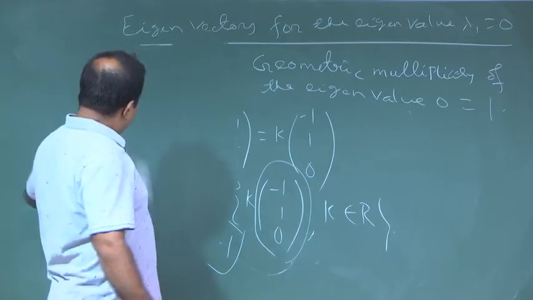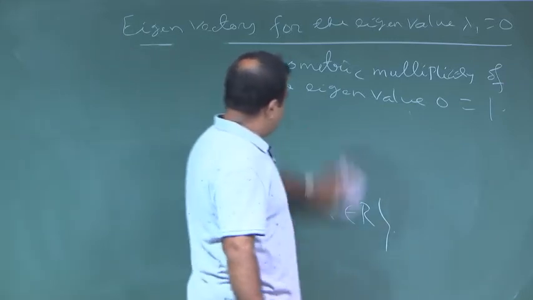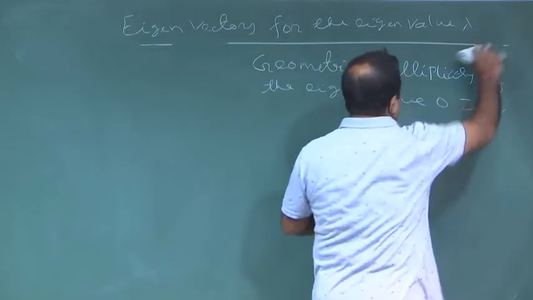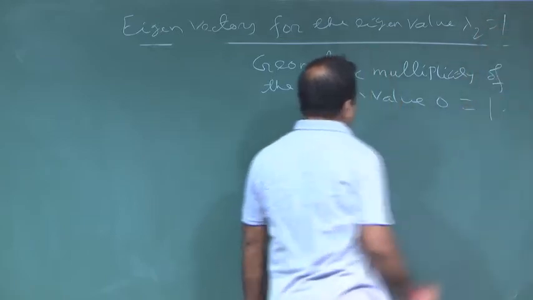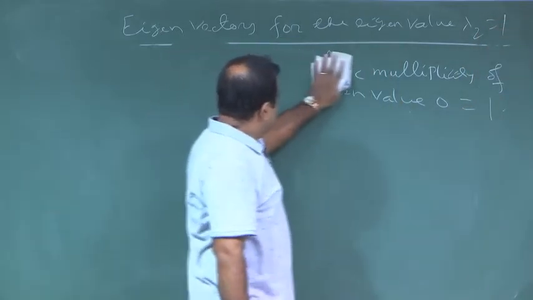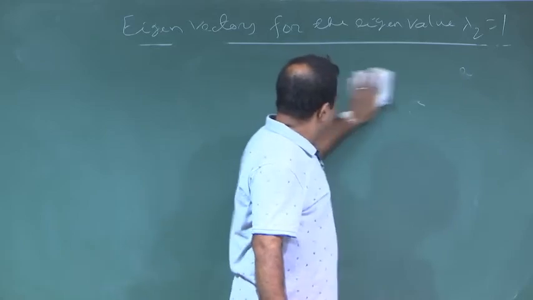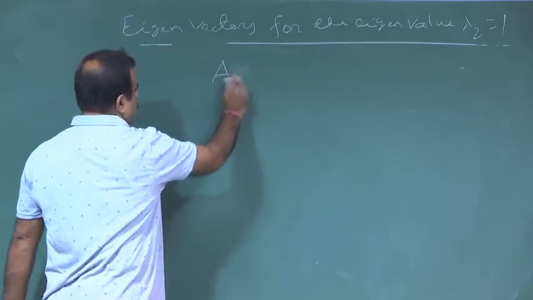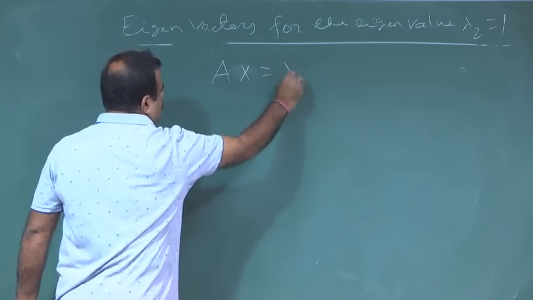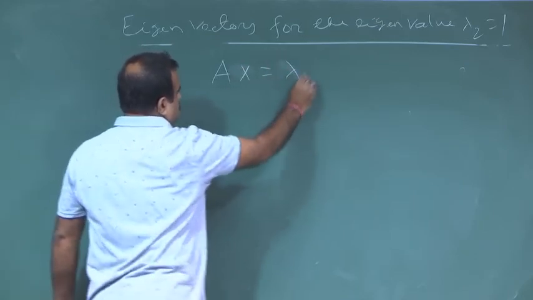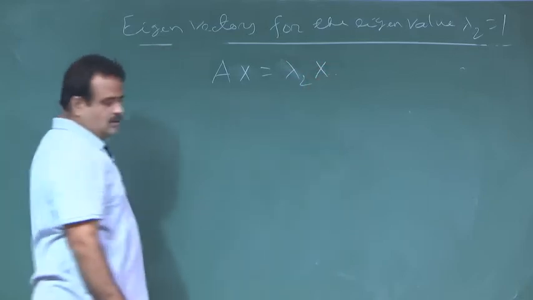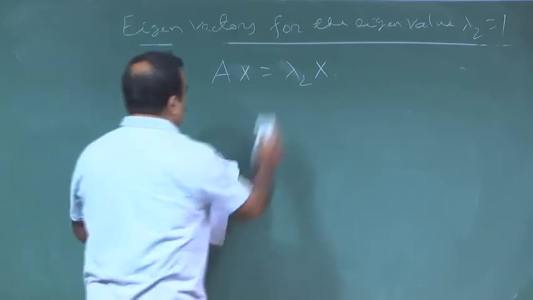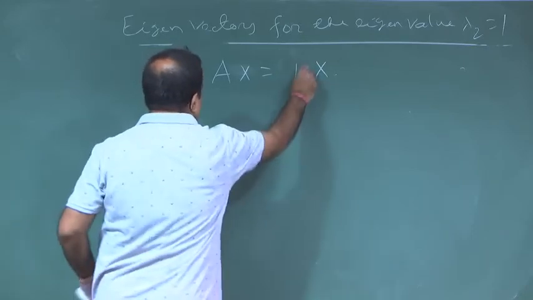Now, we try to find the geometric multiplicity of the eigenvalue lambda 2, which is 1. To get this, we need to solve the homogeneous equation A x equal to lambda 2 x, and lambda 2 is 1, so we can just write 1 times x.